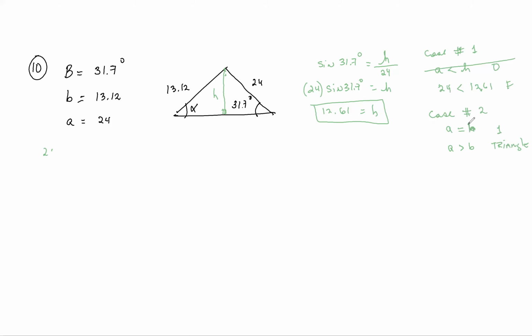If you compare a and h, they are not equal, so this part doesn't work. For case 2, if a is bigger than b, the triangle exists. That means we got only one triangle. We have to solve the triangle only one time.